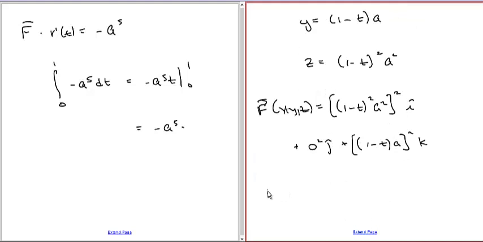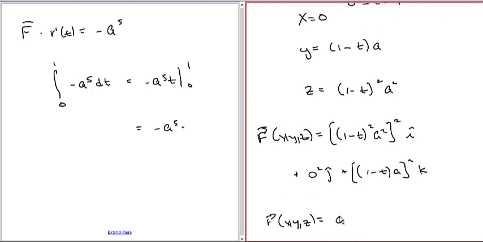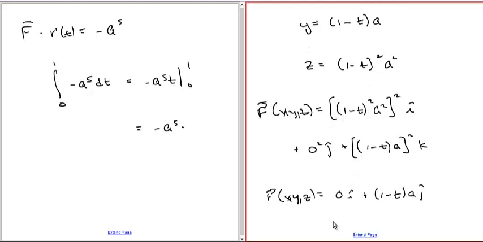Now our position vector is going to be equal to 0 i plus 1 minus t a j plus 1 minus t squared a squared k.